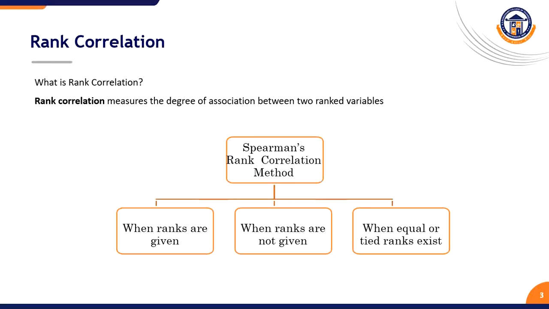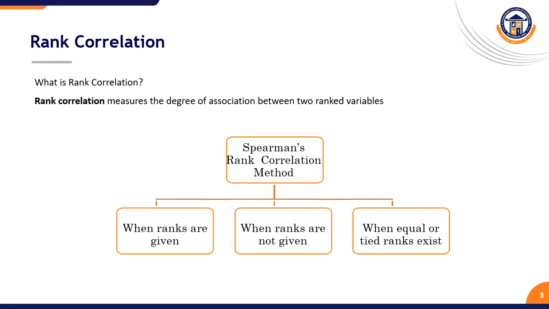It is very useful. It was developed by Charles Edward Spearman. In this analysis, we have to find the correlation coefficient between two allotted series of ranks. It is called Spearman's rank correlation method. This kind of problem has three classifications.